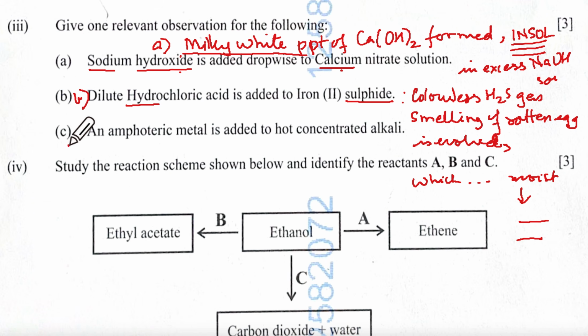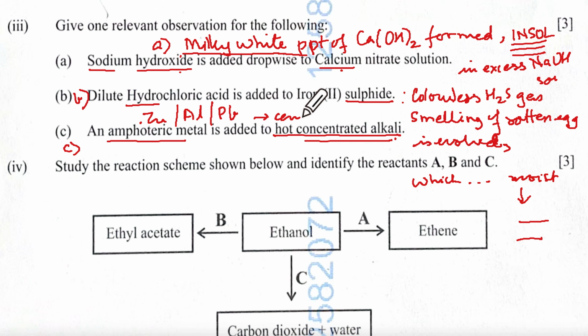Okay, we come to C. An amphoteric metal is added to hot conc. alkali. Amphoteric metal, that is Zn or Al or Pb, when it is reacting with the alkali, it will form a complex salt and it will liberate H2. So what will I see as an observation?